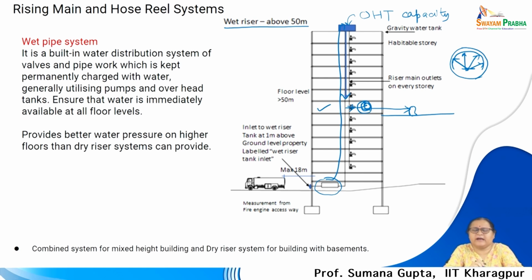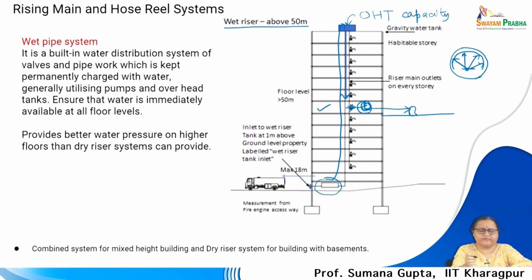So, if you have a building of large height, a portion of the building can be served with a dry riser system, and a portion of the building can be served with a wet riser system. Again, there is also a mandate that within 60 meters horizontal distance, there should be separate fire staircases which should be supported with this kind of wet riser or dry riser system.